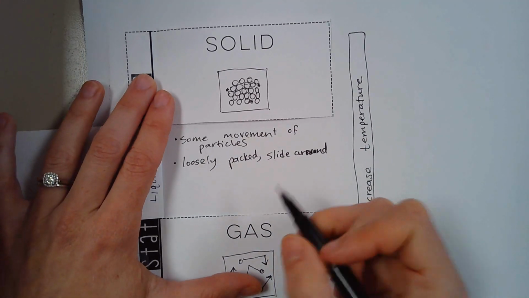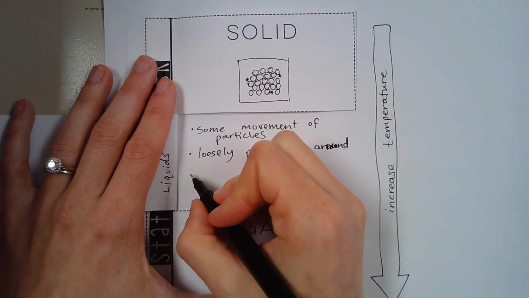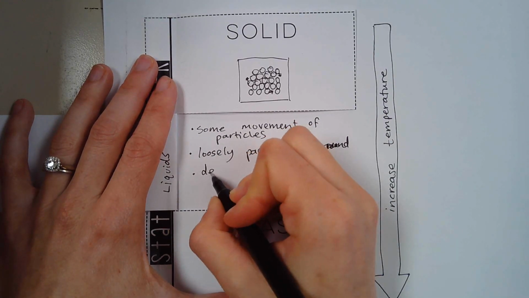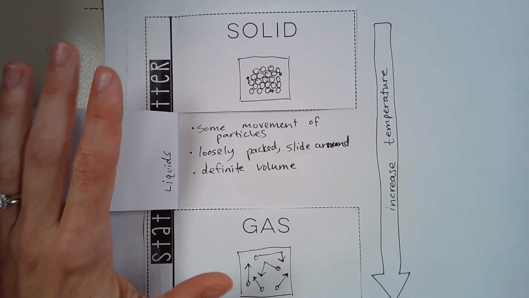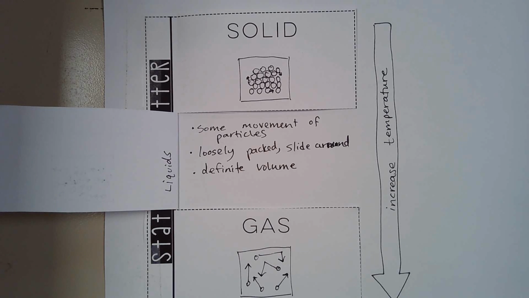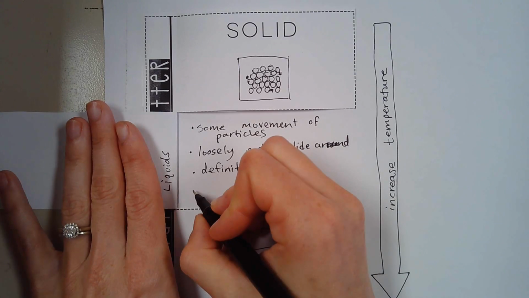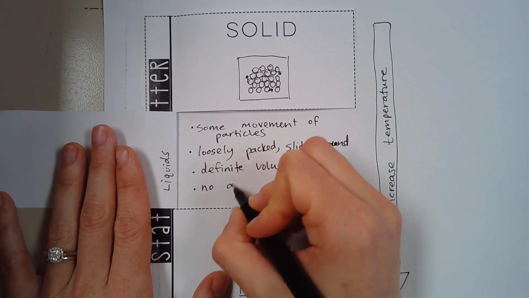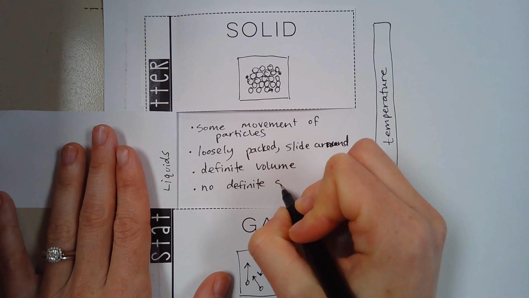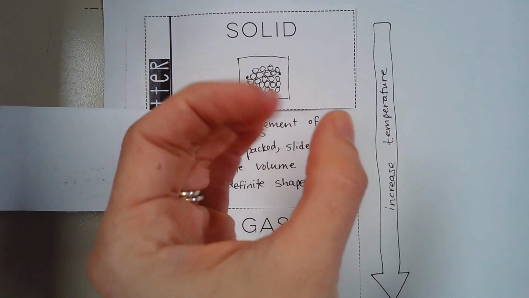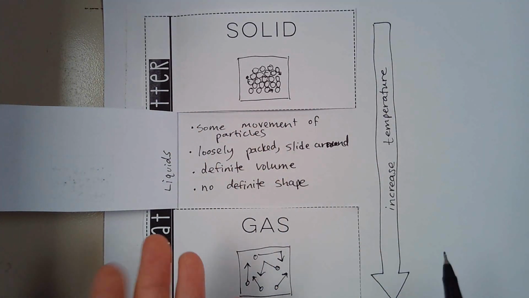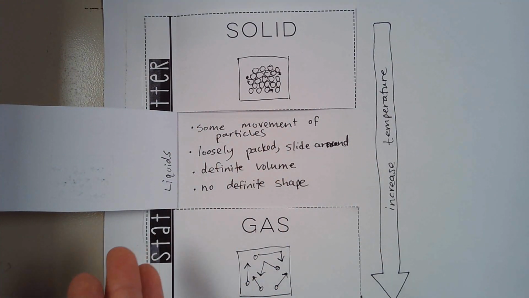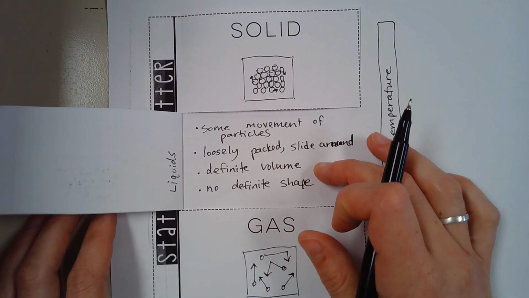They also have definite volume. Some of the students are like, wait, they have definite volume? Yes, if you have a beaker of water, you know the volume of that water or that liquid. It has a volume that you can measure, but it has no definite shape, right? If I have a cylindrical beaker and then I put it into a square cup, the shape has changed, but the volume is the same.